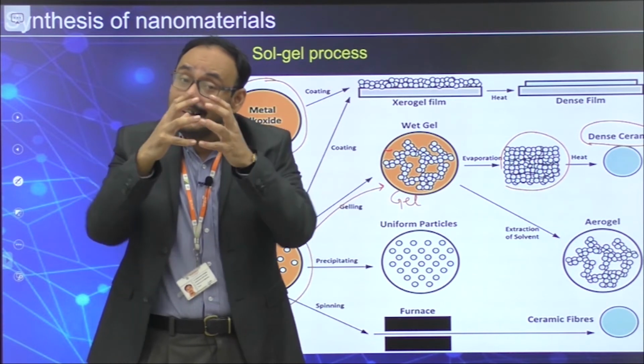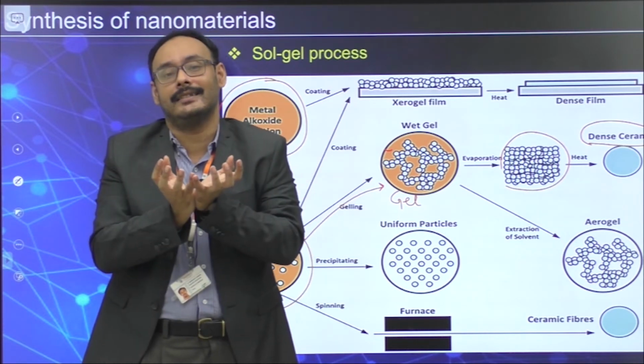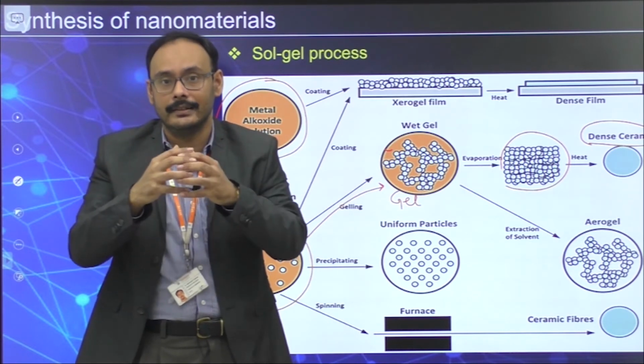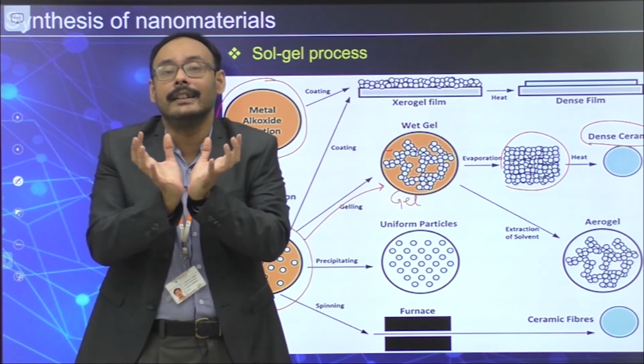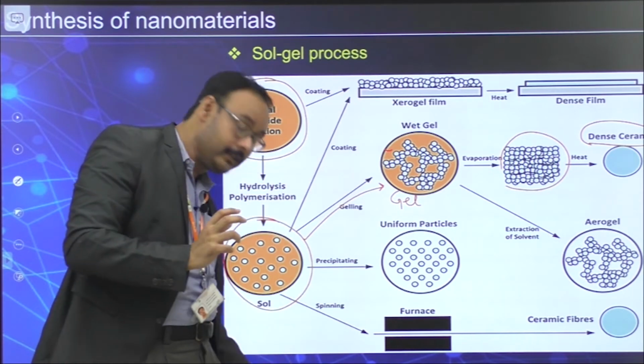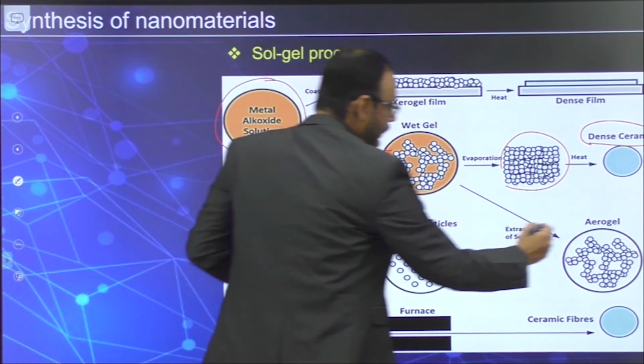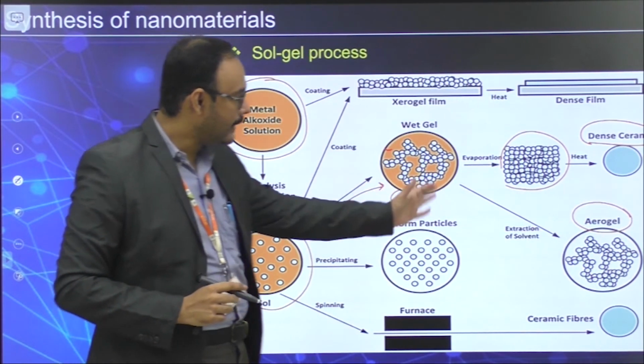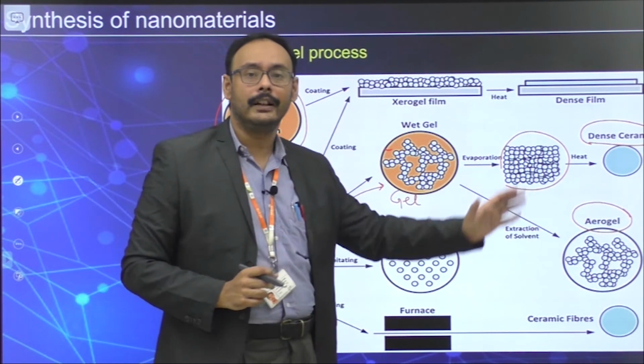So you have an intact gel structure. Inside there may be air or something else, but your solvent is not there anymore. That particular type of material is called an aerogel.